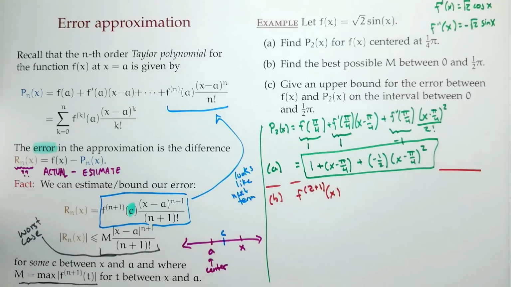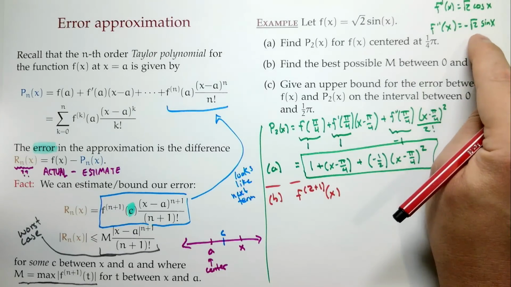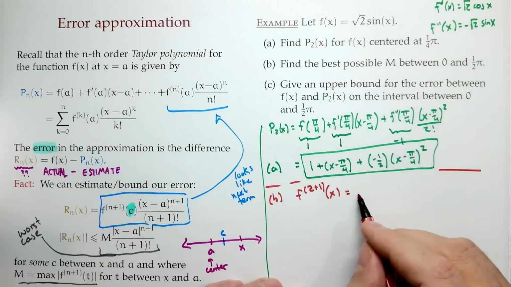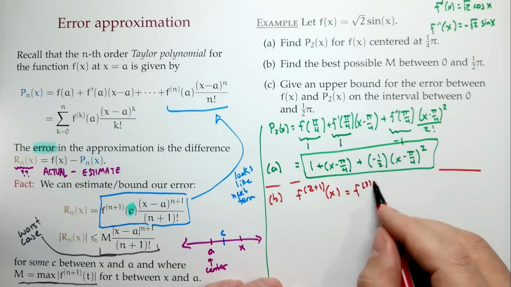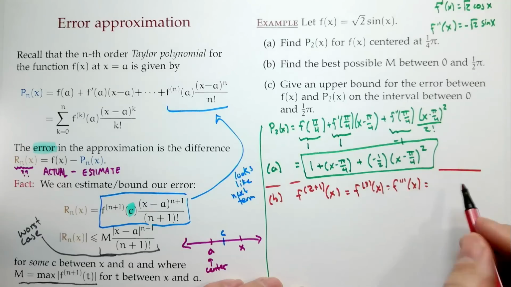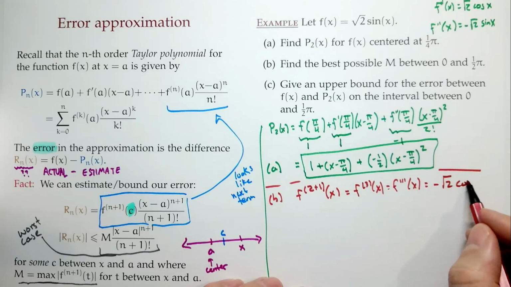Because in other words, when you're looking for P2, you go up through the second order derivative. For your error, you say, what would happen if I went one more derivative? So in our case, if we went one more derivative, we would be in our third derivative. So if our second derivative is minus root 2 sine x, our third derivative, or I guess we could write it as f triple prime, is minus root 2 cosine of x.